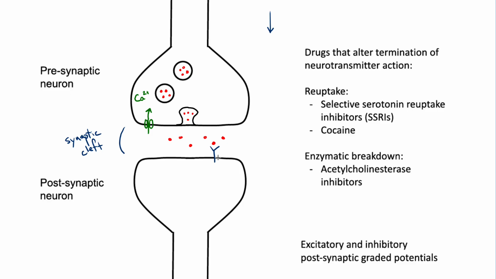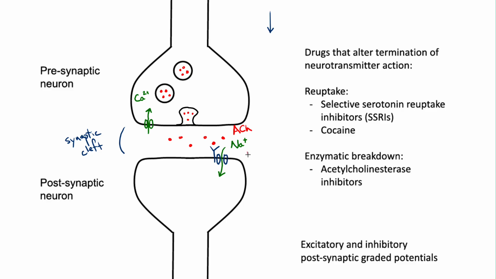And those receptors can be of different types. If they are, for example, a ligand-gated ion channel, then they can let in ions. For example, sodium. And that would be the case if this neurotransmitter were acetylcholine, which we write as capital A, capital C, lowercase h. That's acetylcholine.